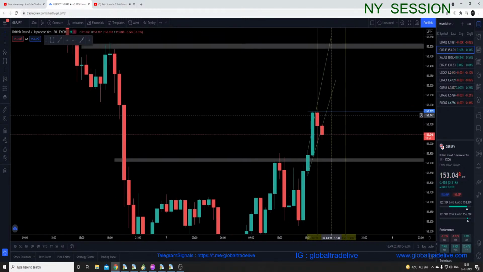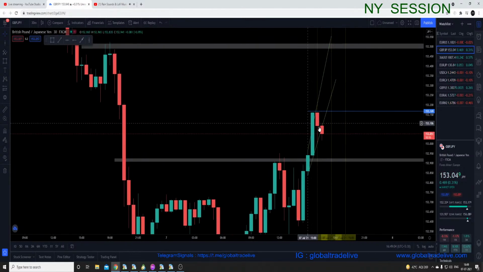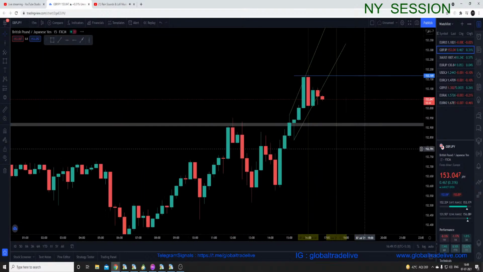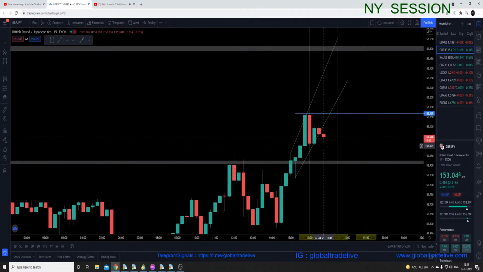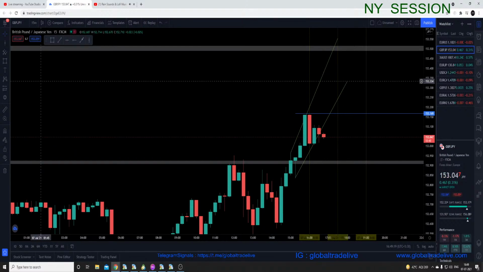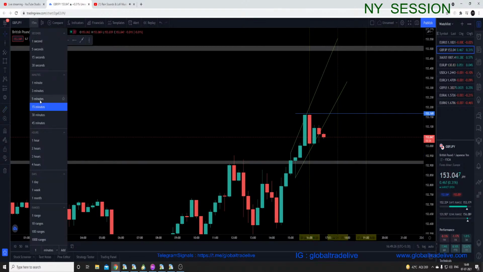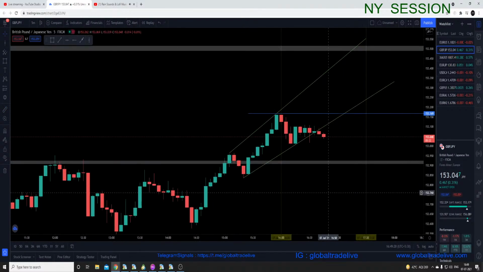This is one resistance over here, so I need another resistance to be formed in the 30 minutes to execute the sell trade. So yeah, even if it comes down to break the low and starts to move down, it still needs some good confirmation here.